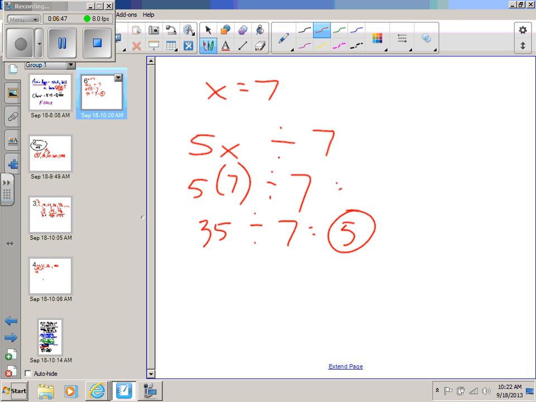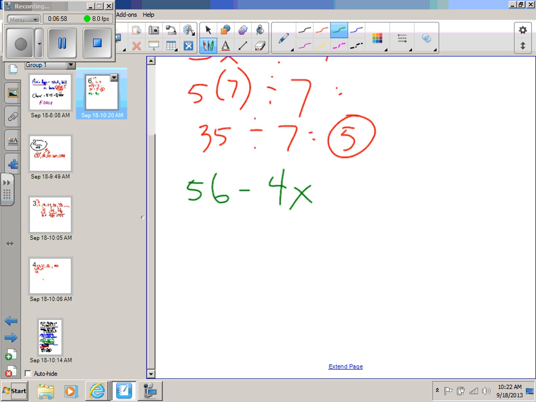They give us 56 minus 4x. Again, anytime I see x, I'm going to assume that it's 7. So take the extra step, plug it in. Am I going to multiply before I subtract, or subtract before I multiply? What does order of operations say?